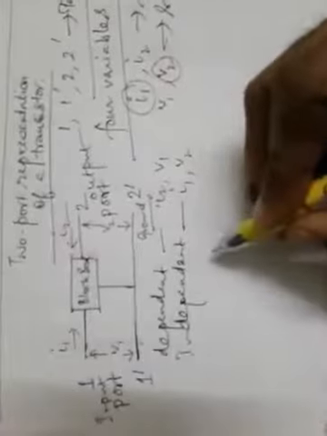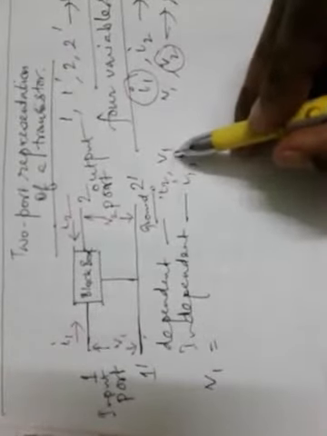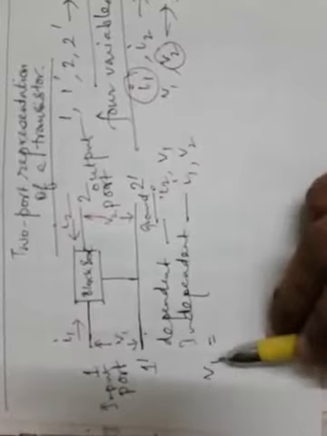So we can write these two equations like V1 is equal to, why V1? V1 is my dependent variable, so we should be expressing the dependent variable in terms of the independent variables. So V1 should be written in terms of I1 and V2, then I2 should be written in terms of I1 and V2.